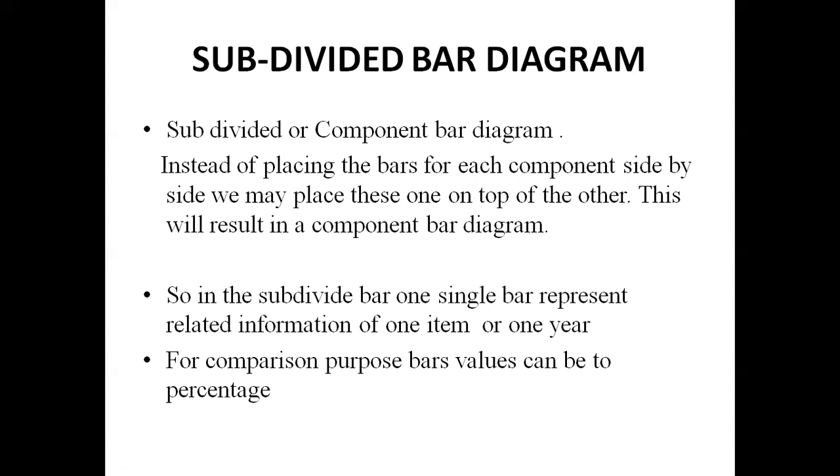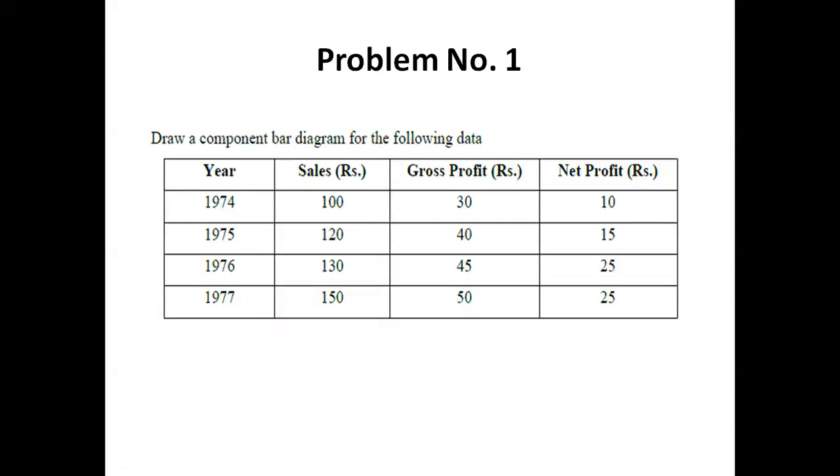Okay, let us start with how we can construct the subdivided bar diagram. Let us consider this first problem. Draw a component bar diagram for the following information. Here the information for four years is given: 1974, 75, 76, 77. In 74, sales is 100, gross profit is 30 and net profit is 10.